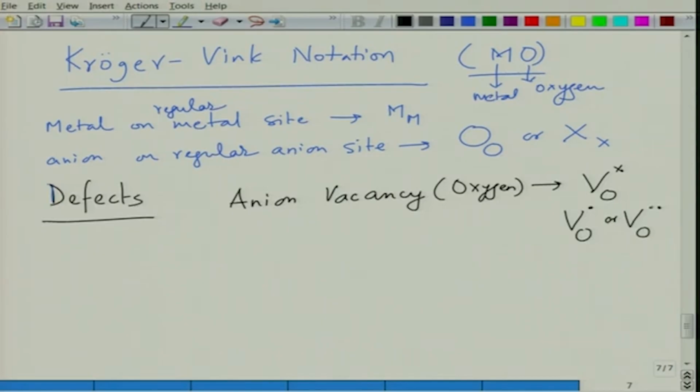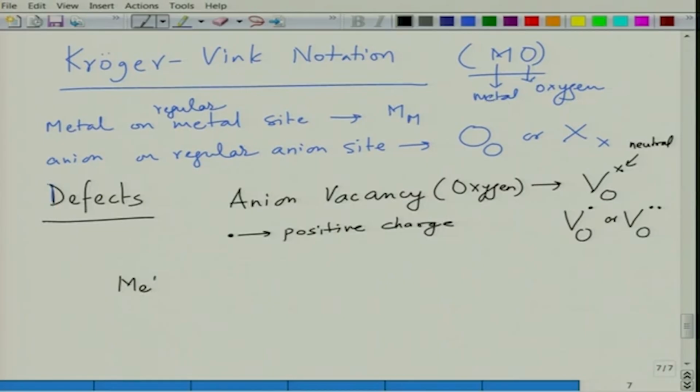It can carry one positive charge or two positive charges. The oxygen vacancy is positively charged, so dot represents positive charge in this case. So VOX means neutral, VO dot means single positive charge, and VO double dot means double positive charge.